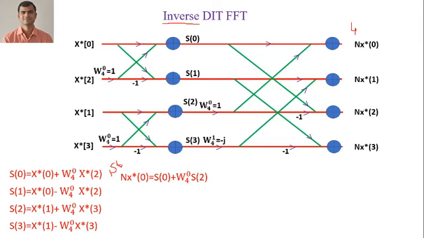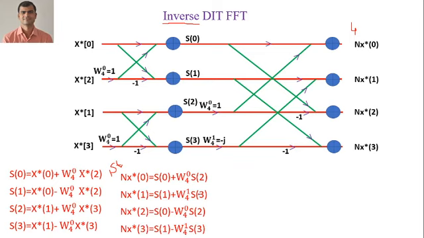So N x0 is S0 plus W40 S2. N x1 is S1 plus W41 S3. N x2 is S0 minus W40 S2, and N x3 is S1 minus W41 S3.